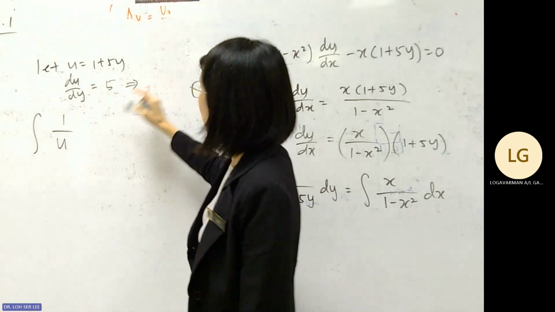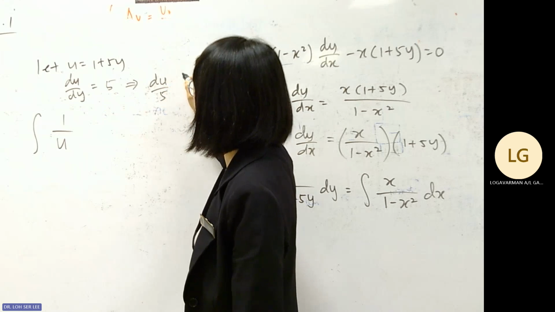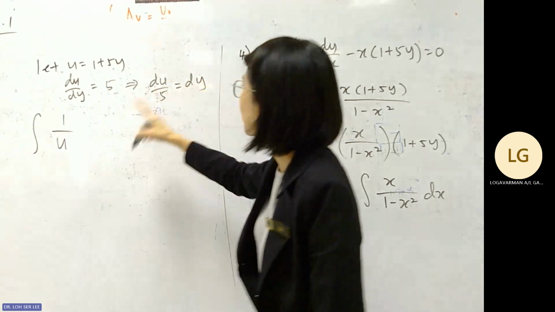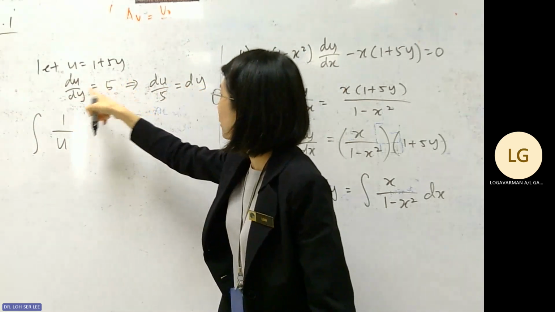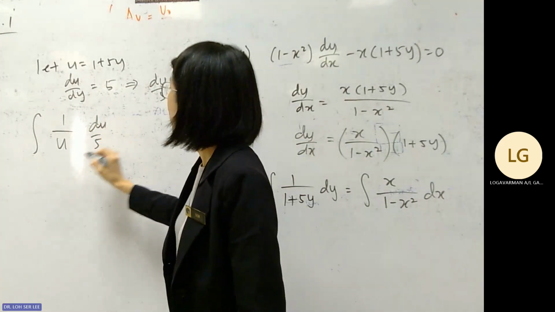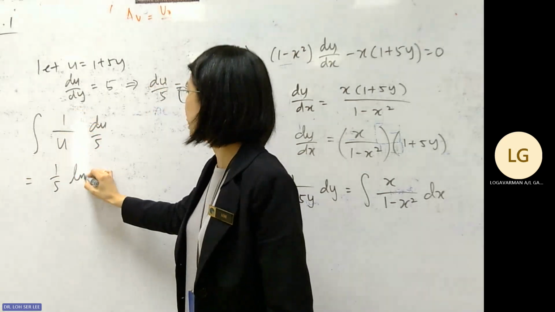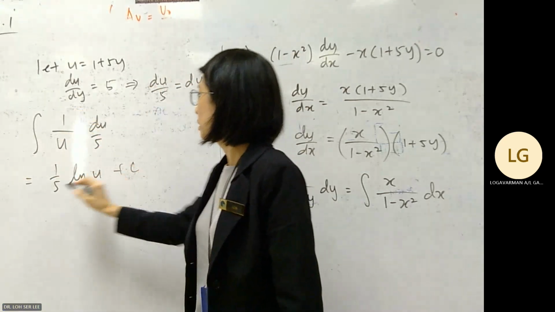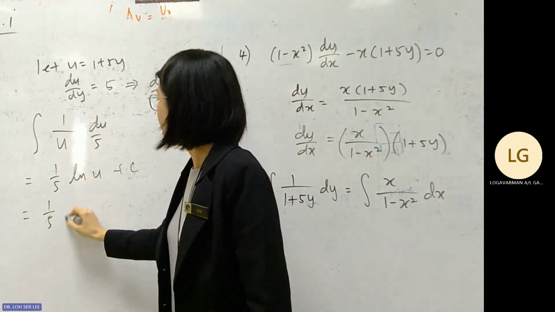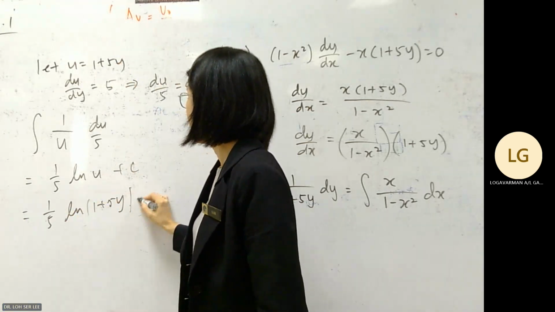That means we want dy, so du over 5 is dy. Dy goes up, 5 goes down. So your dy is du over 5. Next you have 1 over 5, integration of 1 over u, you get ln u. So your u is ln of 1 plus 5y plus c.